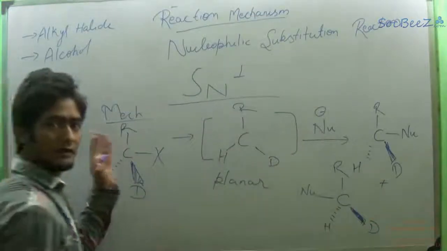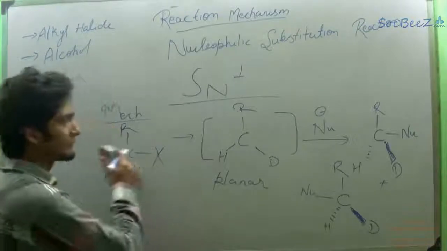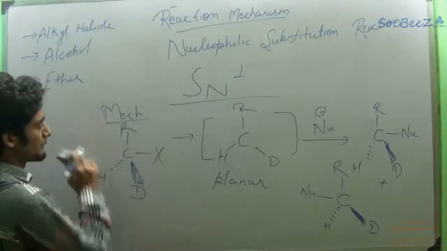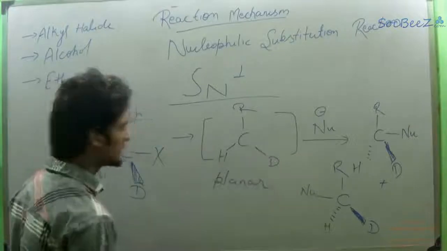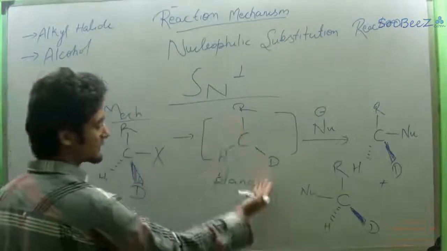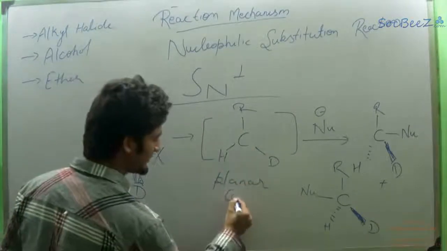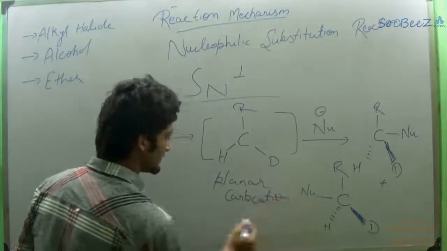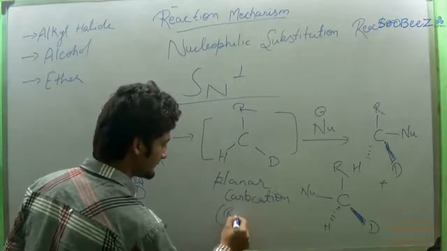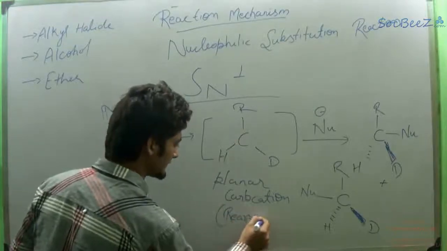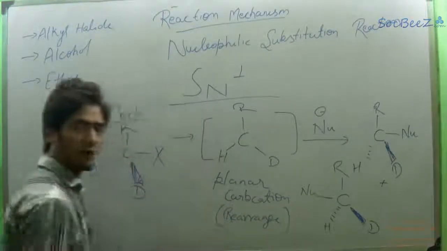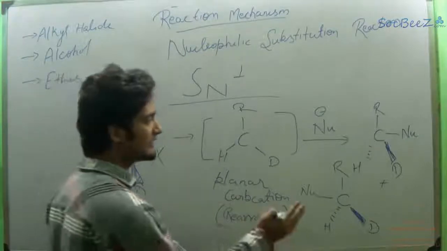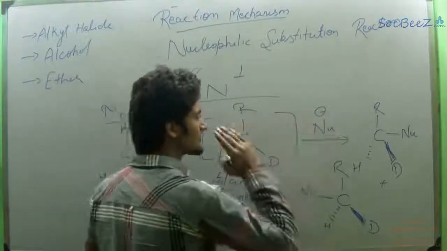So we'll discuss this reaction in light of this mechanism. This is a two-step reaction. The first step is making of planar carbocation species, which can rearrange. This can rearrange itself to form a stable carbocation. And the second is a very quick step.